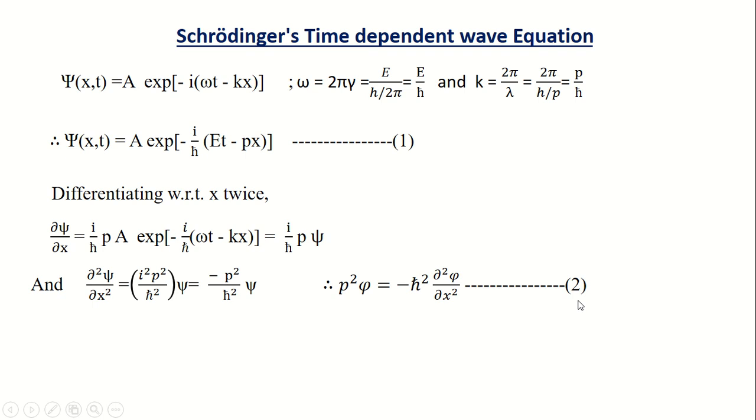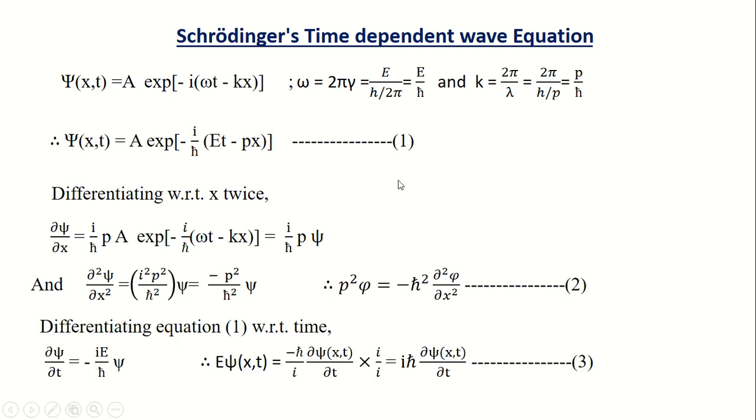Now let's differentiate equation 1 with respect to t. So dou psi by dou t is equal to, we have to consider the coefficient of t, that is minus i E by h cross, into a into exponential term, which I have directly written as psi. From this we can write E psi.